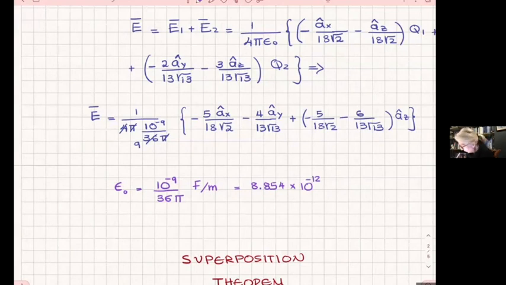And why did I use the divided by 36 pi? Because I had the 4 pi there.